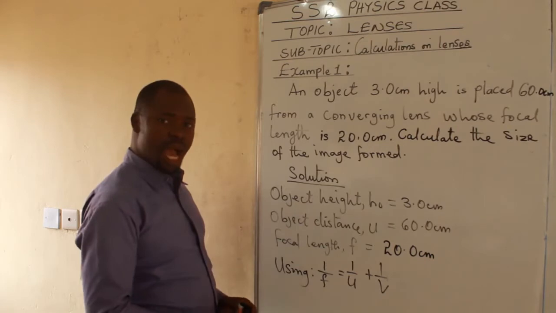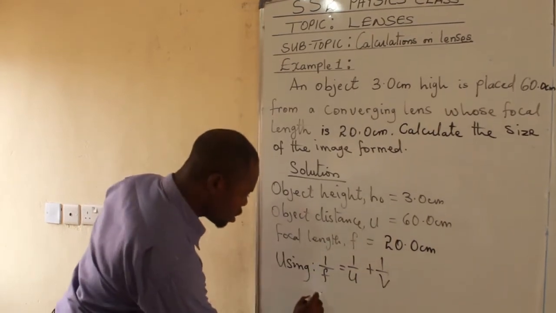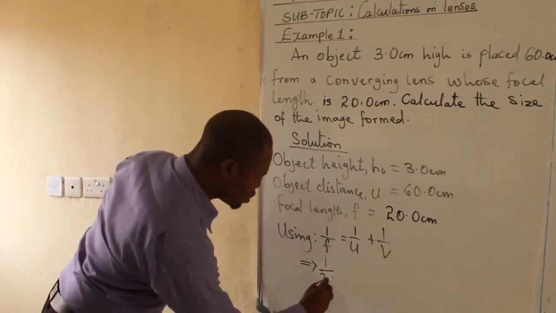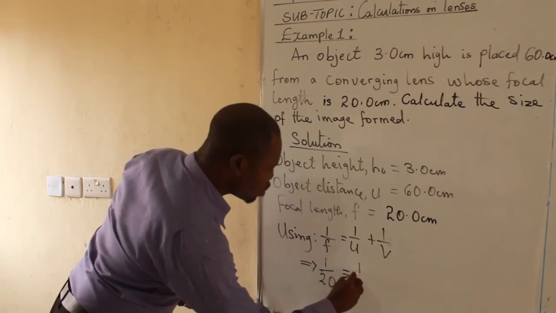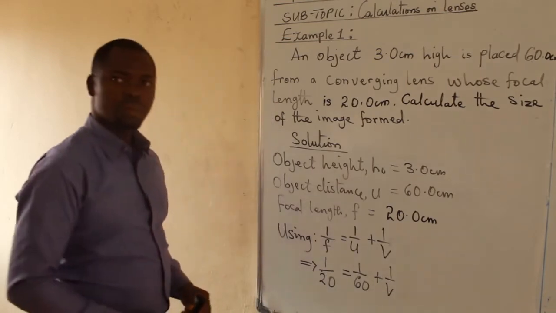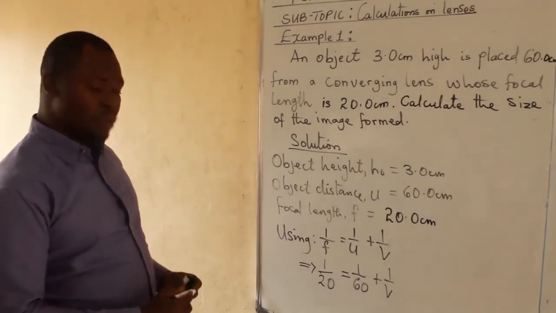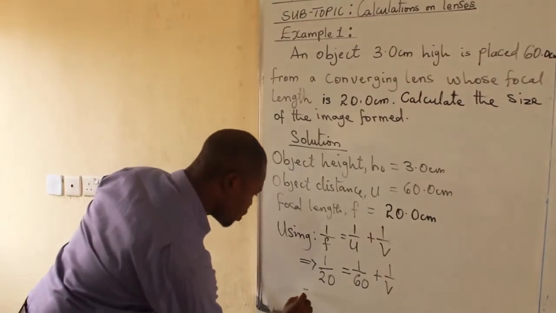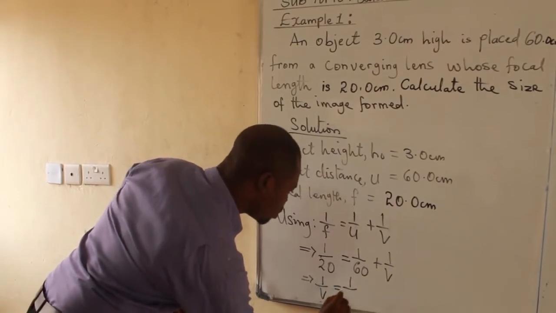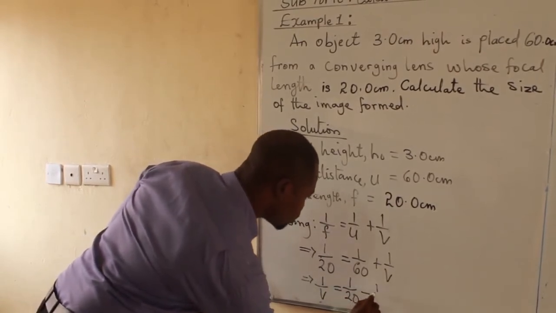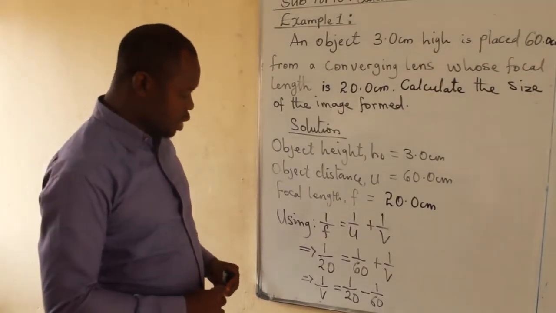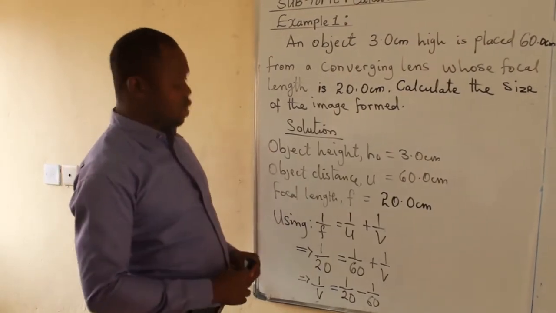Substituting our values: 1 over 20 equals 1 over 60 plus 1 over V. Making 1 over V the subject, 1 over V equals 1 over 20 minus 1 over 60.